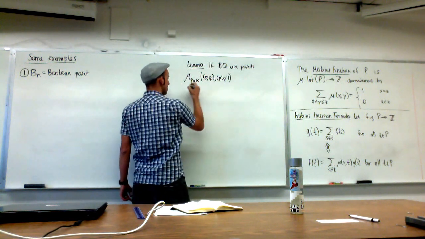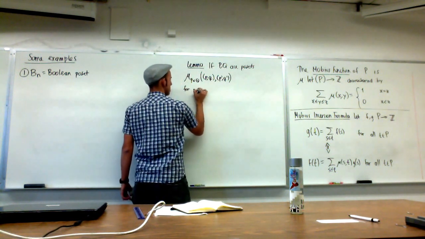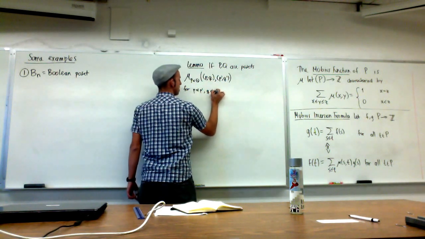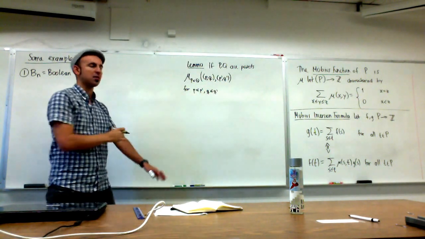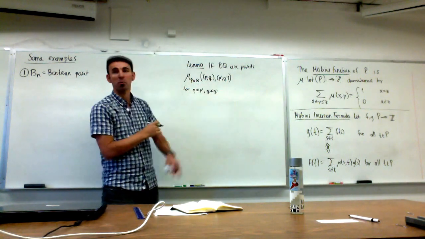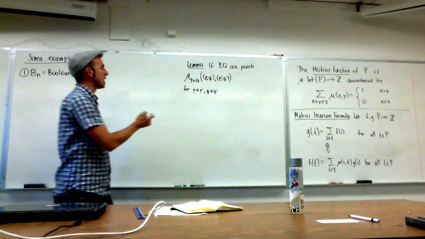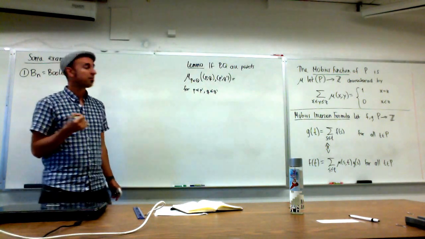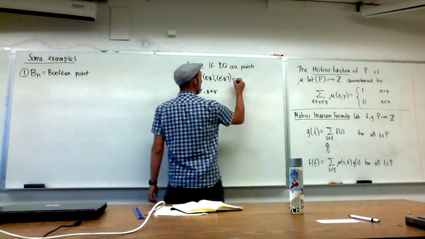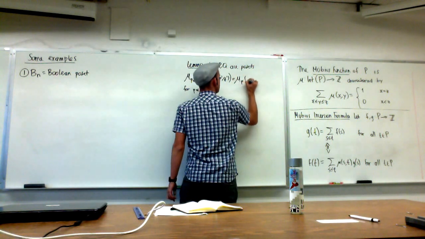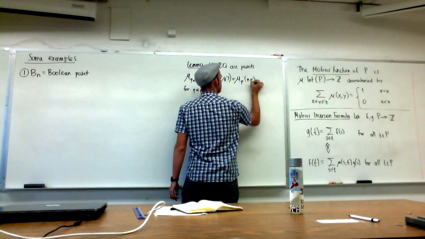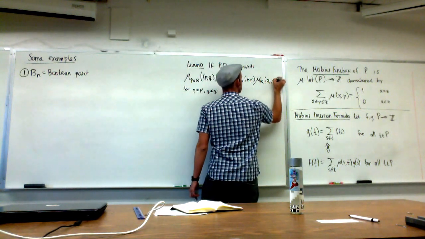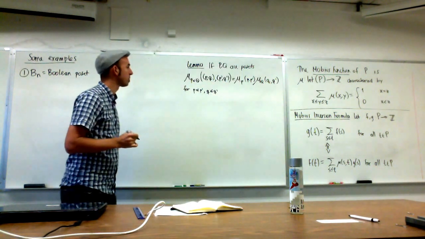Now this is less than this when P is less than or equal to P prime, and Q is less than or equal to Q prime. That's when this is less than this in the product poset. And I want to show that Moebius functions are multiplicative. In other words, this is just the Moebius function of P at P comma P prime, times the Moebius function of Q at Q comma Q prime.